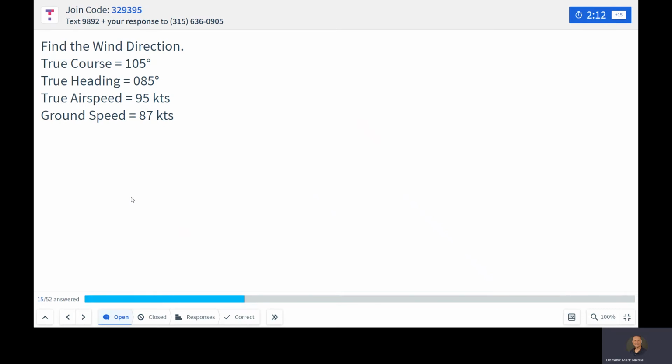Then mark your wind dot on the true airspeed arc. So make sure you find that arc, 95 knot arc. Make sure you go left side of the index line, the value of the wind correction angle.